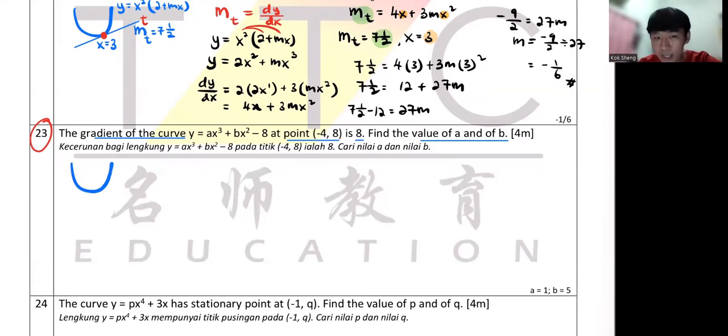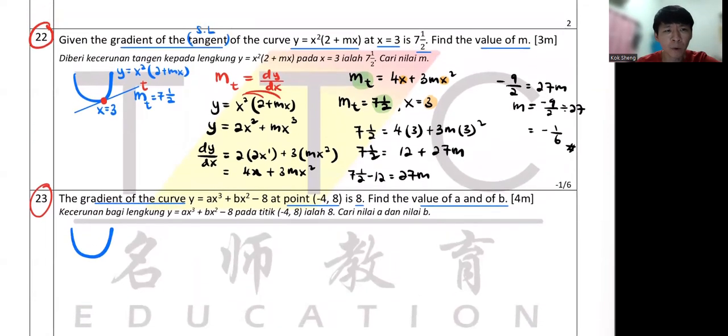And then in front here, it says the gradient of the curve. A bit different meaning compared with the previous question: gradient of tangent, gradient of curve. But actually, you know, mt equals dy dx. You differentiate the curve, you will get the gradient of the tangent.